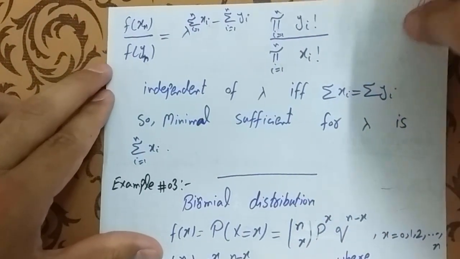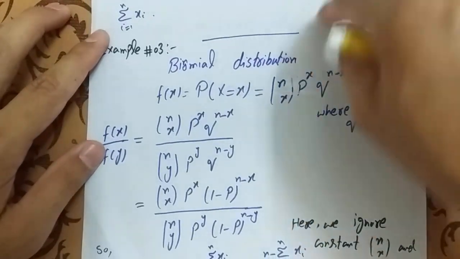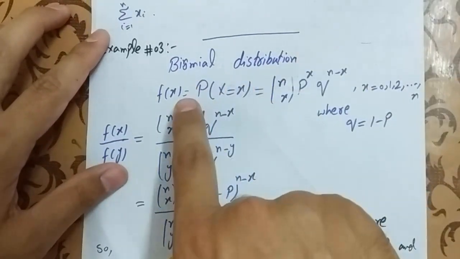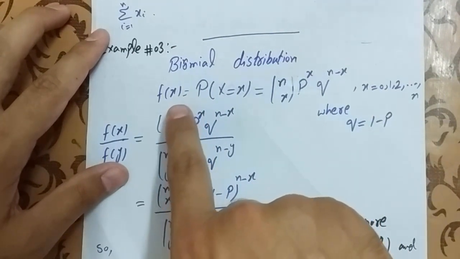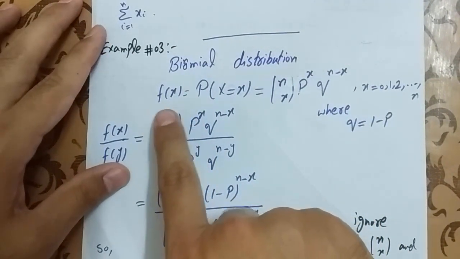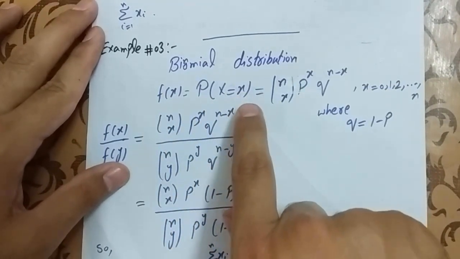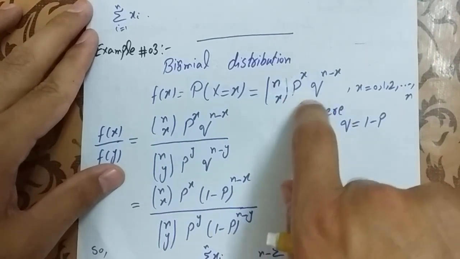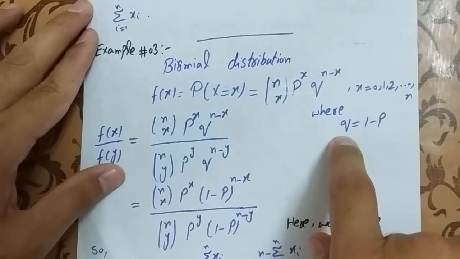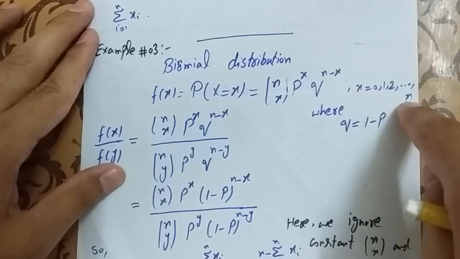The next example is the binomial distribution. You already know what the binomial distribution is. The probability distribution function for the binomial distribution, f of x, is equal to the probability of capital X equal to small x, which is equal to that expression. Here q is equal to 1 minus p, and x starts from 0 up to n.